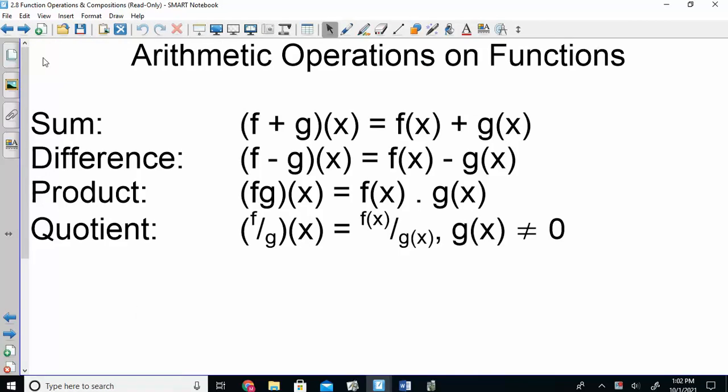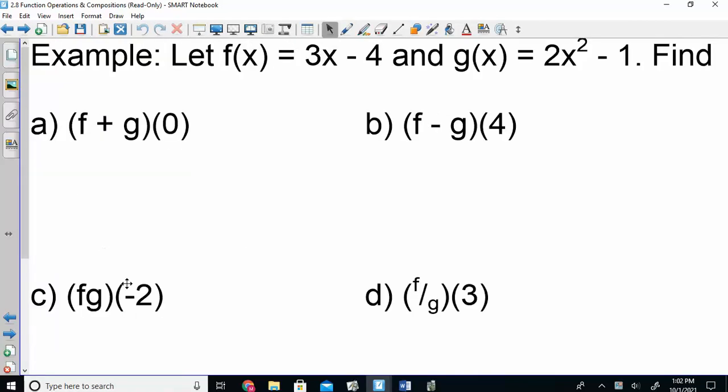If I asked you to find this, f of x is 3x minus 4, and g of x is 2x squared minus 1. When I say find f plus g of 0, what does that mean?